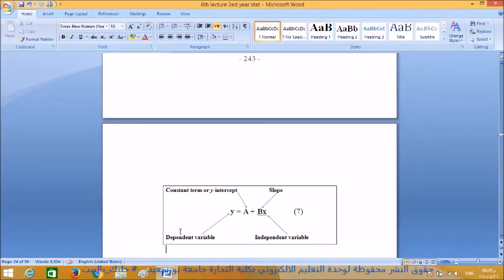Okay, now this is the equation of linear regression. Y is the dependent variable, X is the independent variable, B is the slope or coefficient of regression, and A is a constant term or y-intercept as we explained before.